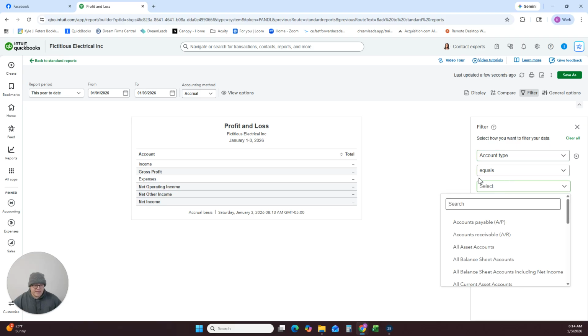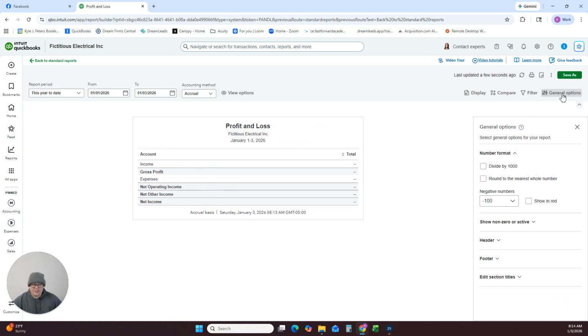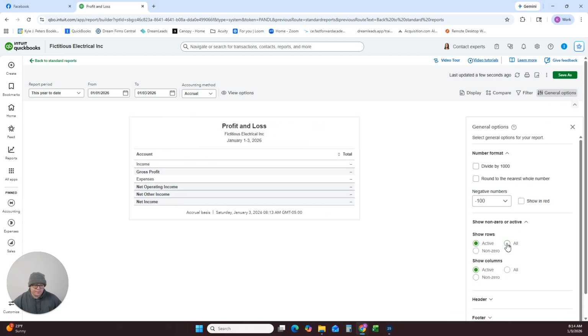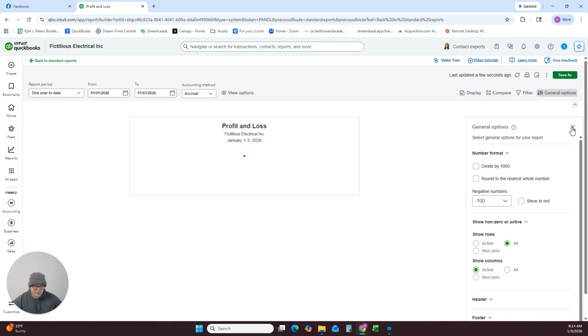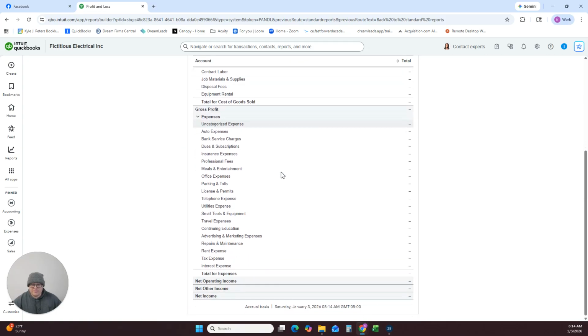See, I don't want an account type. I just want the accounts. I used to know how to do this. There used to be a way to just pick whether or not, yeah, here we go. QuickBooks just moved all this around recently. So then you can see all of the accounts that you have are listed.